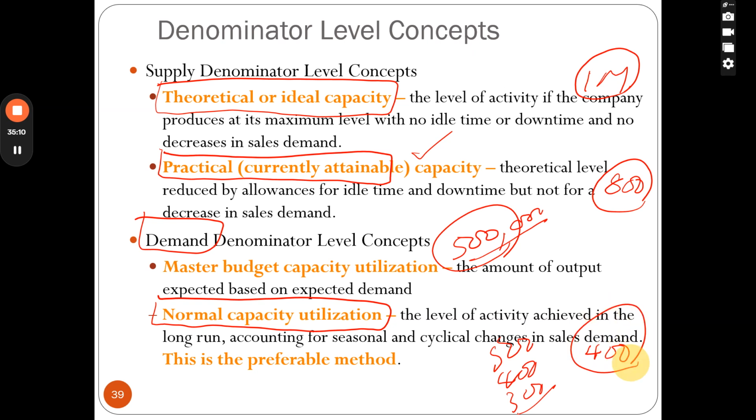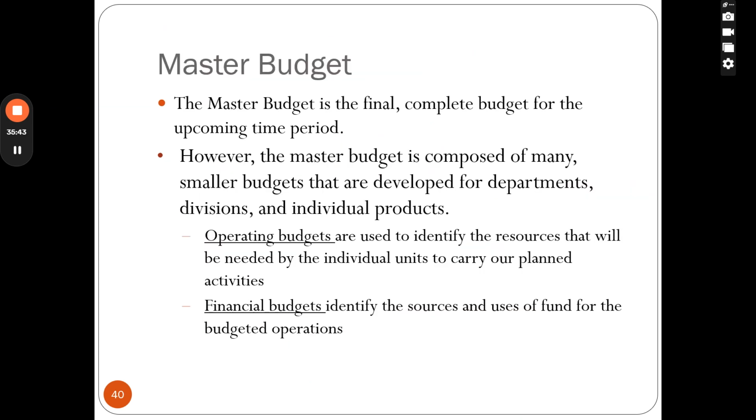This is what normal capacity means, and this is the method preferred even by US GAAP. So these are the denominator level concepts when you are preparing a standard for overhead cost. We have to consider the POR, how it is calculated, and based on what denominator level. So that's about the standards.